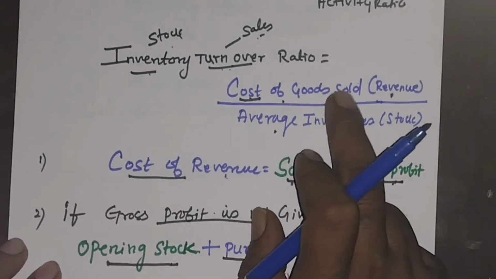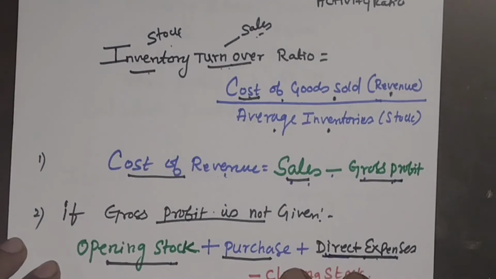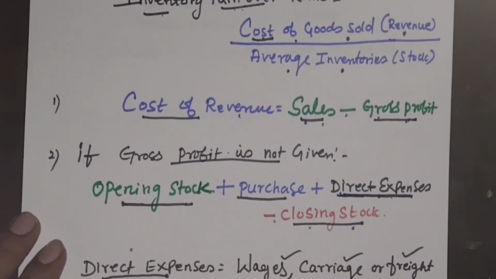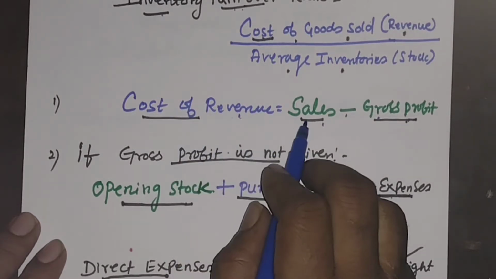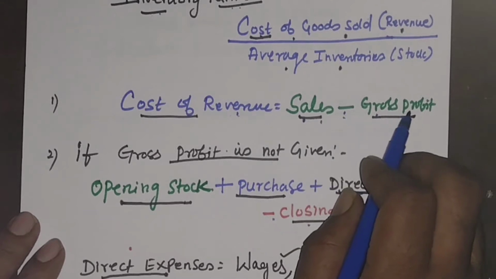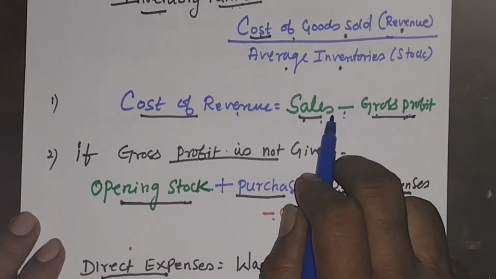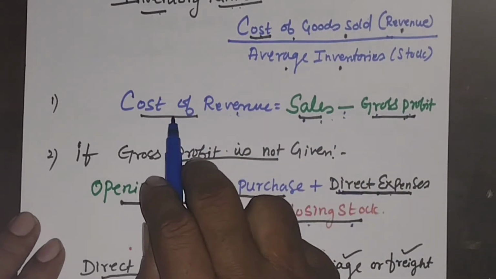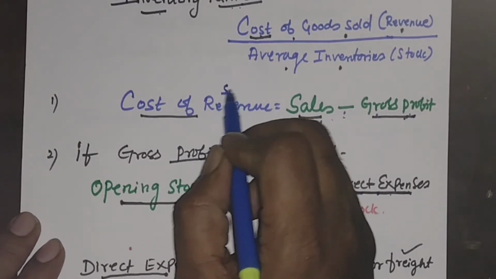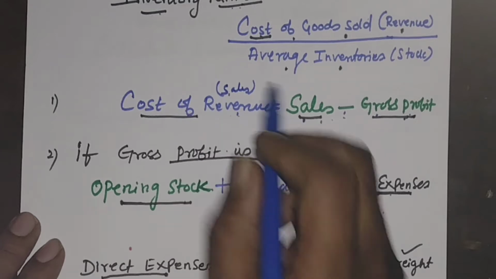Then what is this cost of goods sold? Cost means that it does not include the profit. Therefore, from the sales, I should minus the gross profit. When I minus the profit from the sales, the available answer is called the cost of revenue or cost of sales.